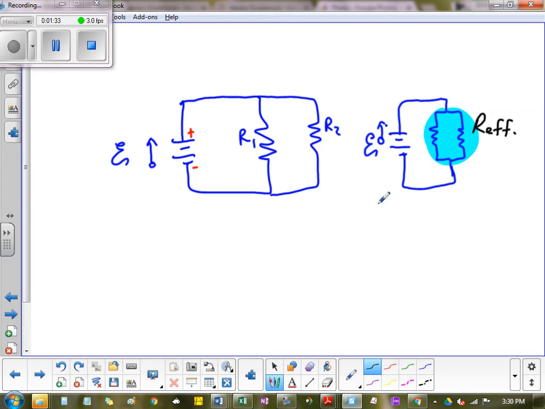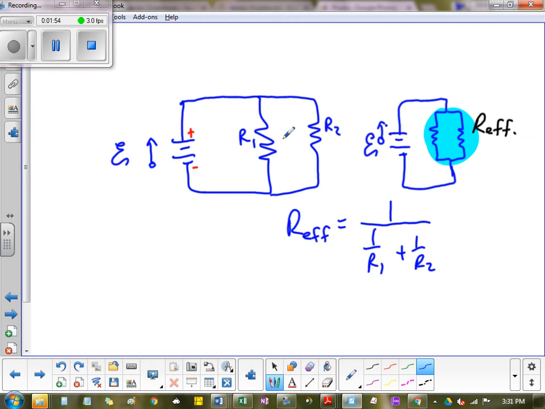By the way, the combined resistance of R1 and R2, since they are parallel to one another, is found by reciprocal addition, or the real way to say it is find the harmonic mean. So this would be the effective resistance.